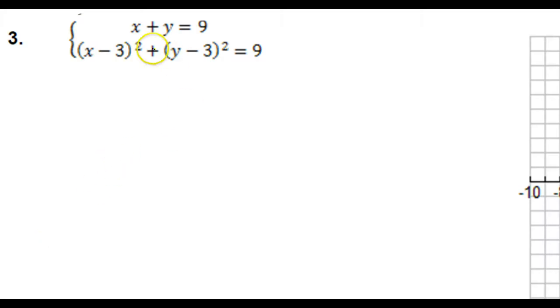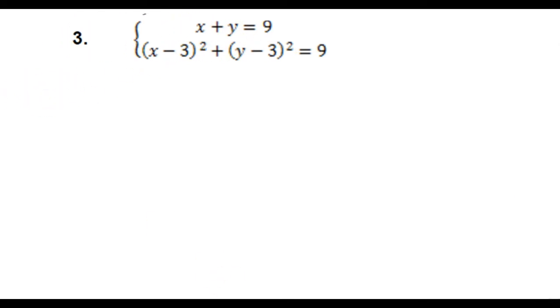So in number 3, you see here we have the equation of a line and then the equation of a circle. You know the first one's a line because nothing is squared. When I do substitution, I like to write my equations side by side. So I've got x plus y equals 9.